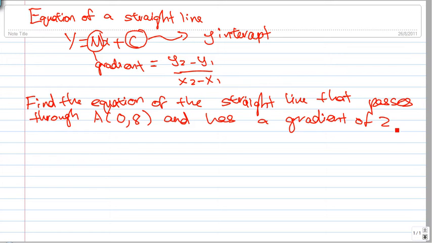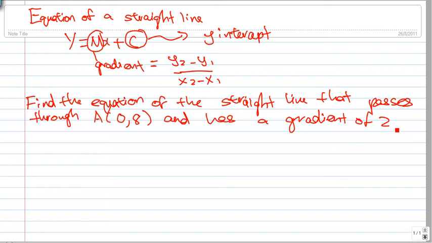In order to find the equation of a straight line, you need to know two things: a point through which the line passes, and the gradient. If you've got these two, all the questions will be very simple.